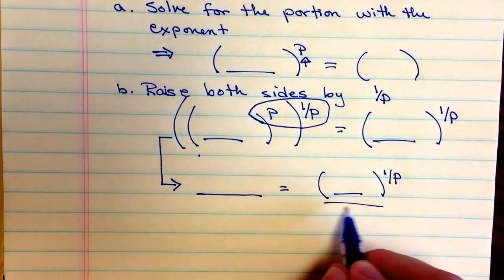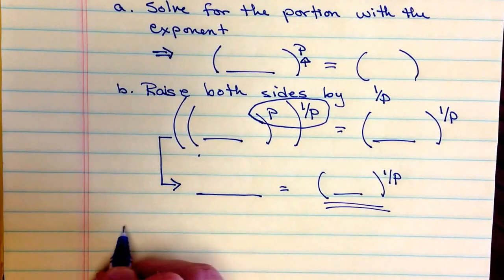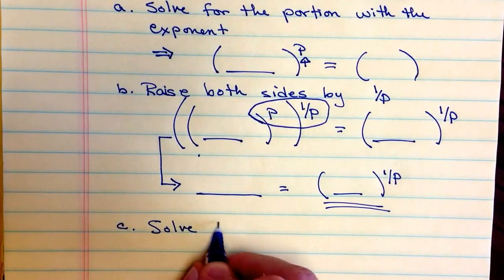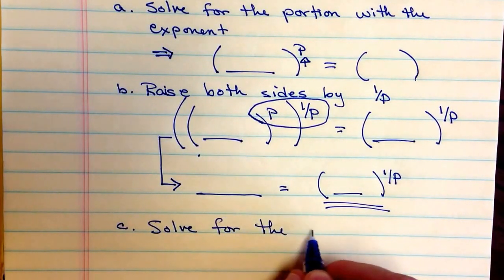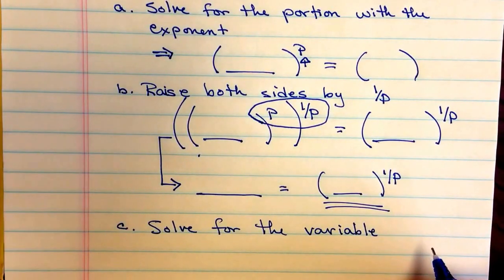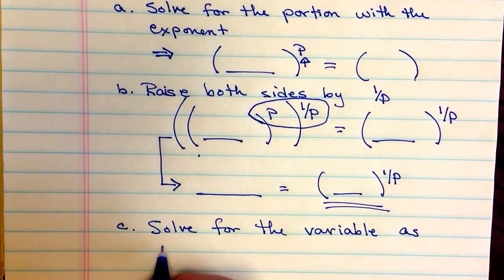Now this may simplify here on the right, or it may not. It depends on the situation and what numbers are given. And then we finish by solving for the variable, as you've pretty much done before.